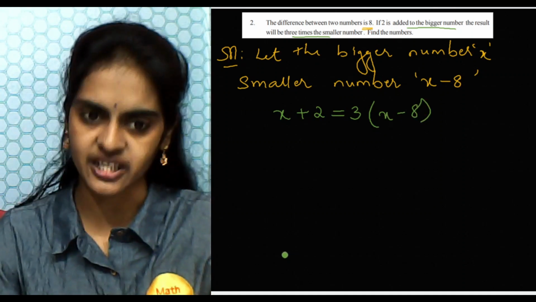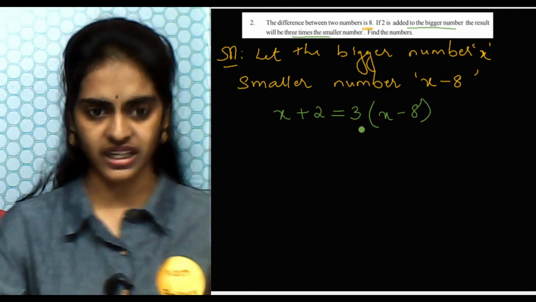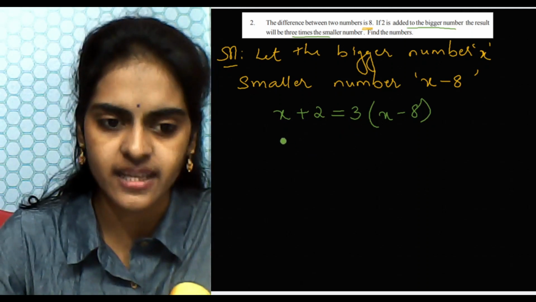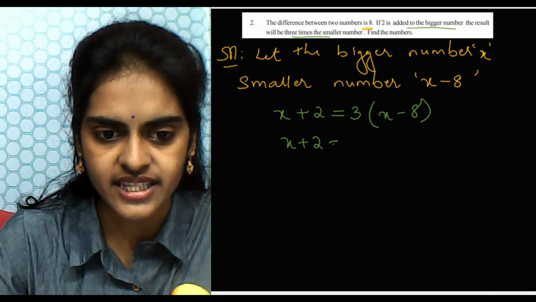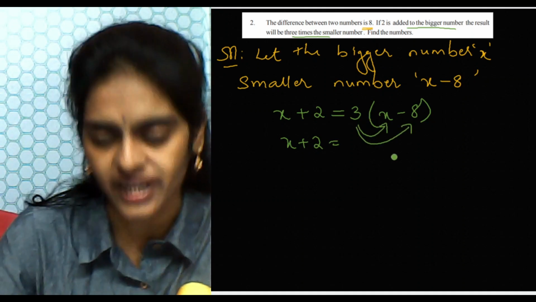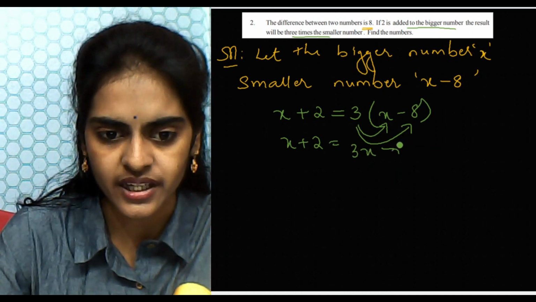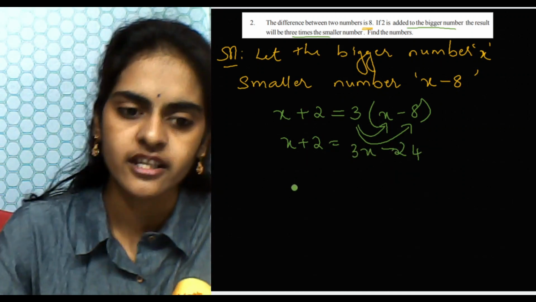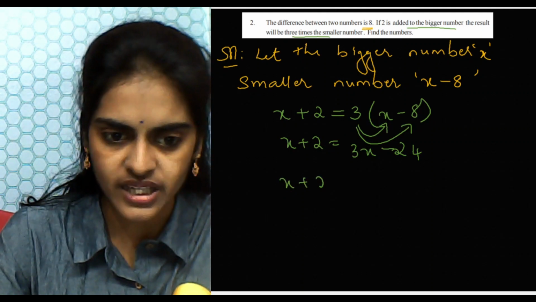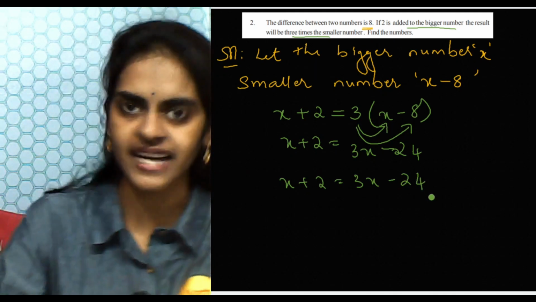So this is the condition. Now solving this, we will get the numbers. So x plus 2 is equal to, now this 3 gets multiplied to x and also to 8, so this is 3x minus 3 times 8, which is 24. So x plus 2 is equal to 3x minus 24. This is what I have.